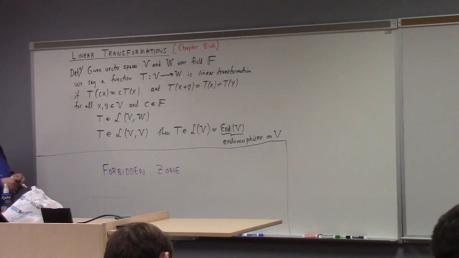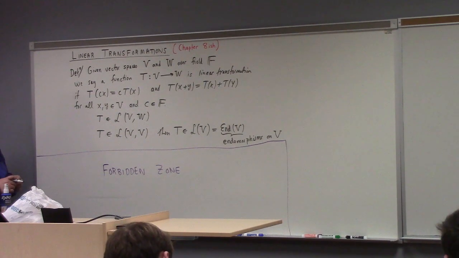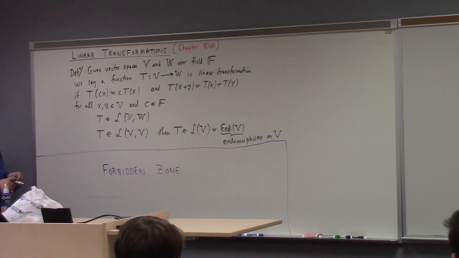All right, so anyway, there's a variety of notations. Yeah? What's the fancy L? Just a fancy L. That's the set of all linear transformations from V to W. So T is an element of that, yeah.